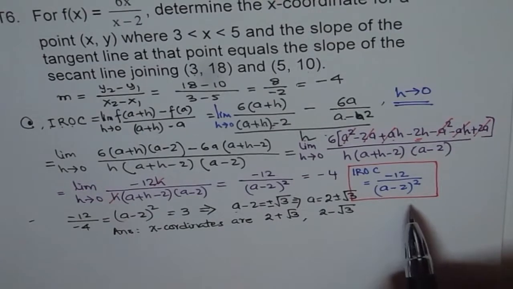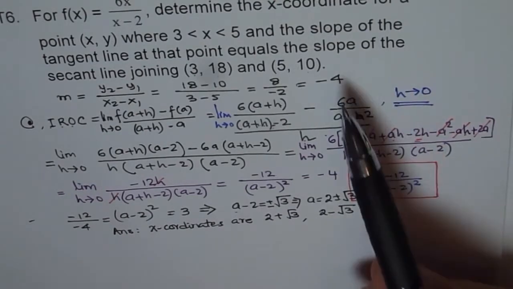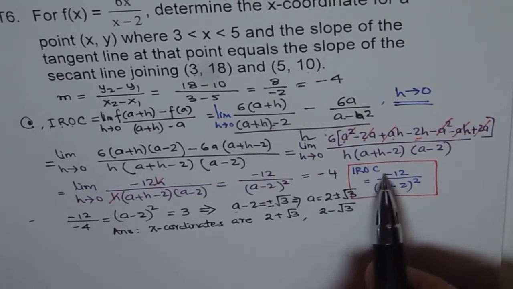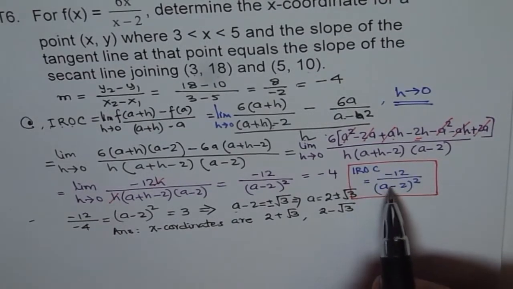One question could be, is there any point on this function where the function has positive slope? There is no point, because the instantaneous rate of change at every point we found is minus 12 over a minus 2 whole square.